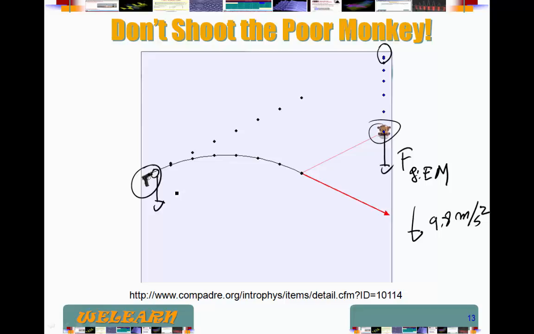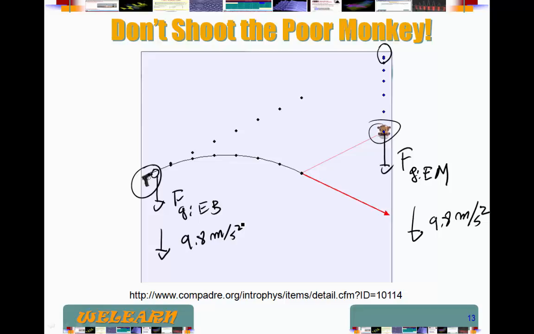So the force on the bullet is going to be Fg, Earth on bullet, meaning that the bullet is going to accelerate as well at 9.8 meters per second squared in the downward direction.